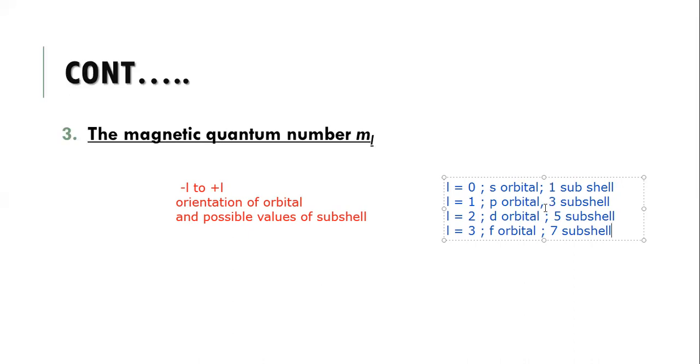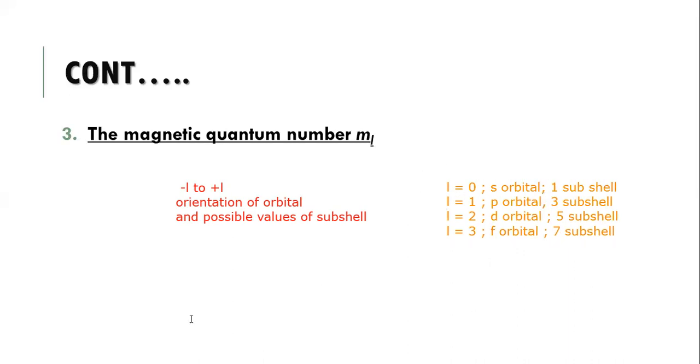I will use another color to show this. By this way, you will be very clear about that. We will have the last page, the relationship between the principal quantum number, azimuthal quantum number, and the magnetic quantum number. Then you will realize how it's going.